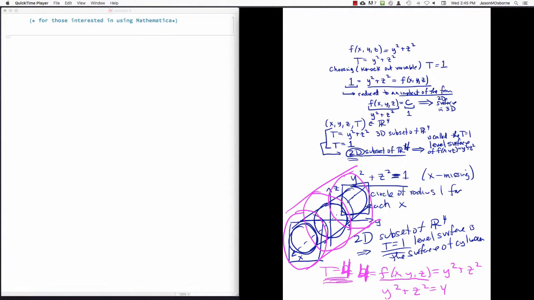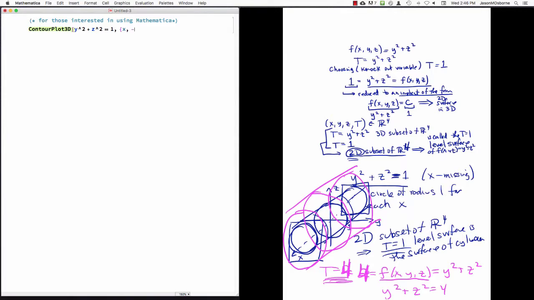So if you want to visualize some of these level surfaces, in Mathematica, you can say ContourPlot3D, and you can put your function of three variables, y squared plus z squared, and there is an x missing. And then you can tell it which level surface to pick. Let's pick t equals 1. Okay? And then plot this in three-dimensional space, because when we're plotting this surface, it's a subset of R4, but it's also a subset of R3.